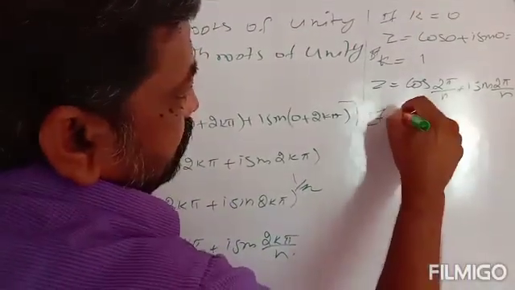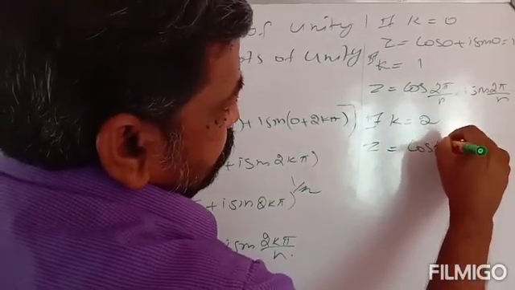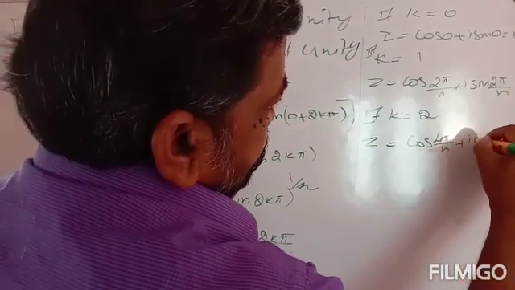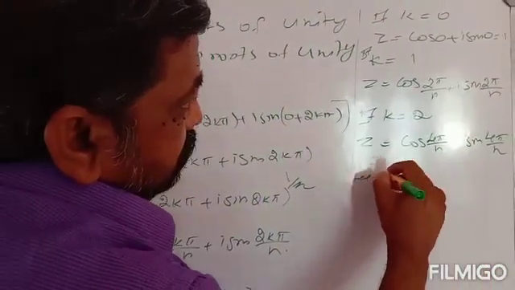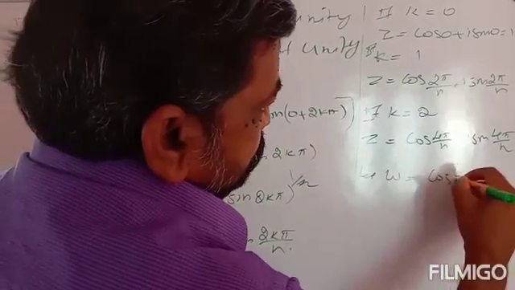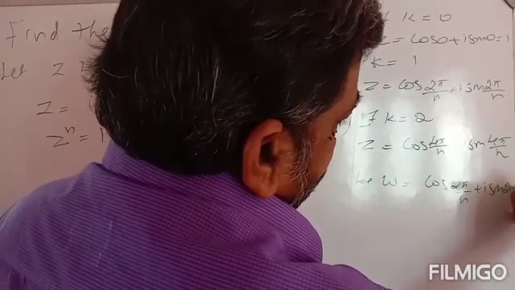If k is equal to 2, Z is equal to cos 4 pi by n plus I sin 4 pi by n. Therefore, let omega be equal to cos 2 pi by n plus I sin 2 pi by n.